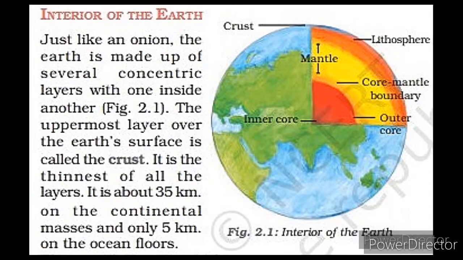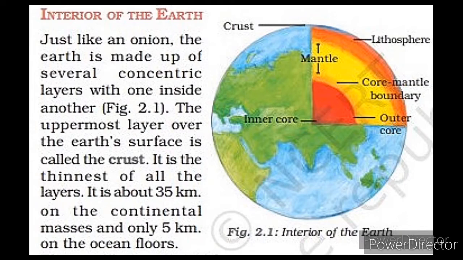Now, look at your book and see the content given there. The first topic is given here, interior of the earth. Here, the uppermost layer over the earth's surface is called the crust.